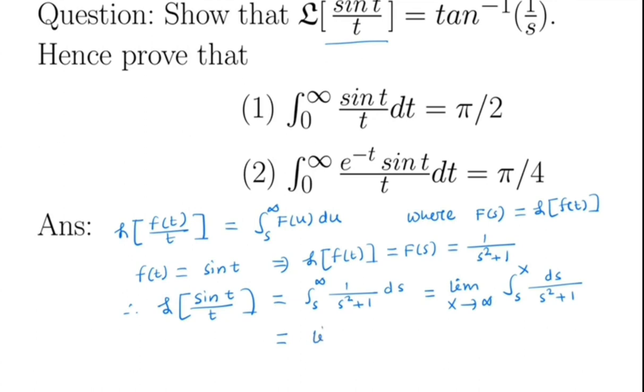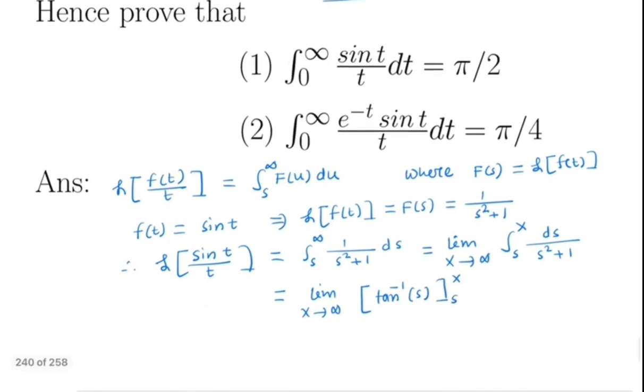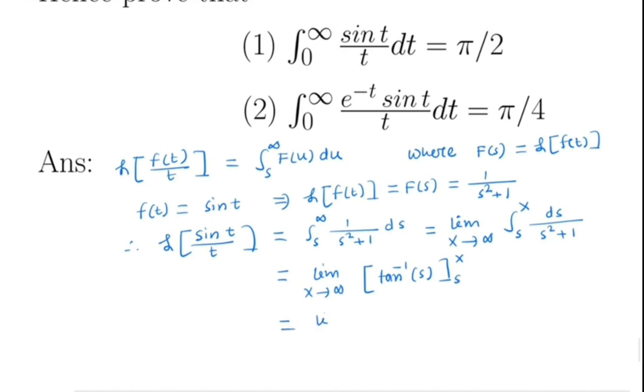So we can write it as the limit as x tends to infinity of tan inverse s, with limits s to x. So it is nothing but the limit as x tends to infinity of tan inverse x minus tan inverse s.